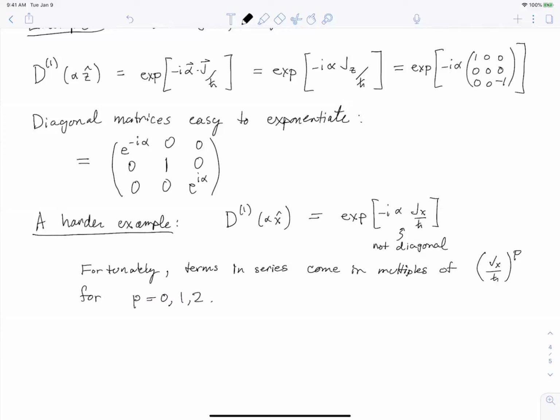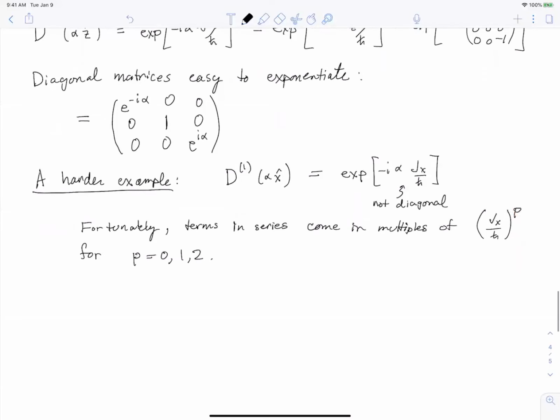So once you get to 3 powers of p, then it's proportional to the identity. When you get to 4 powers of p, it's proportional to this to the first power, etc. And if you work all the combinatorics out, you discover that d1 of alpha x hat is the identity minus I sine alpha times jx over h bar plus cosine alpha minus 1 times jx over h bar squared.